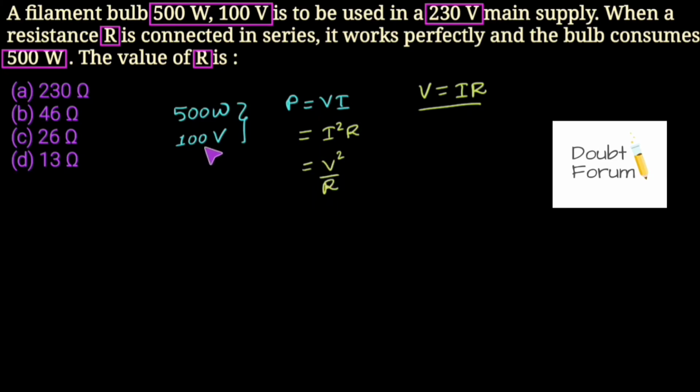As the wattage P and voltage V are given, we can find out the value of resistance.